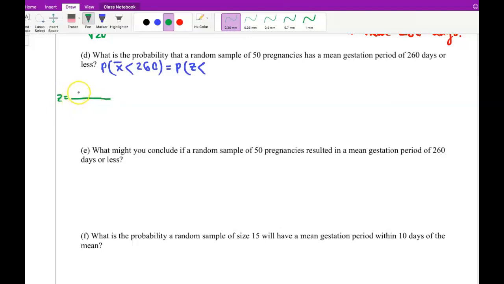So z is equal to x bar minus the mean, and when you have x bar, you want to use the standard error. So 260 minus 266 divided by 16 over the square root of n, and that is equal to negative 2.65.